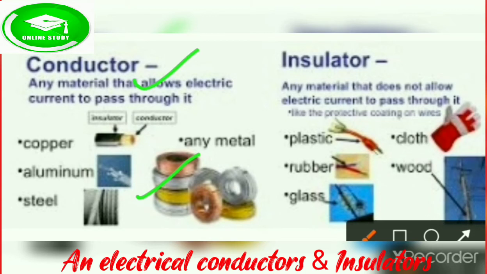Whereas insulators are materials which do not allow electric current to pass through them. They are protecting layers; they protect the conducting wires and appliances so that we can handle them without harming ourselves. For example, plastic, rubber, glass, cloth or wood are all insulators.